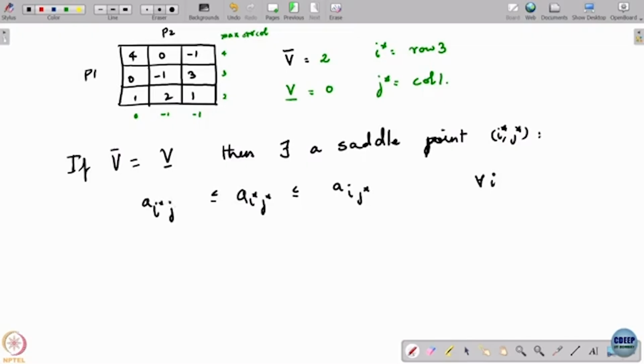Right. So, if V upper bar is equal to V lower bar, then there exists a saddle point. Once there exists a saddle point, the kind of regret that we just saw above doesn't exist.